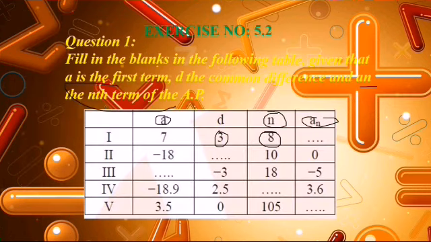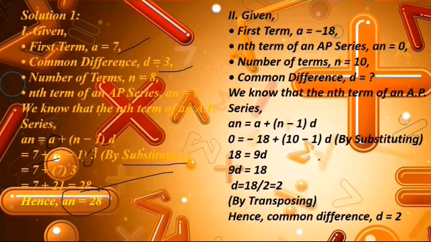Now as you can see, in the second question the first term is minus 18 and the common difference is not given. The number of terms is 10 and the nth term of the AP is 0. So we need to find the common difference.